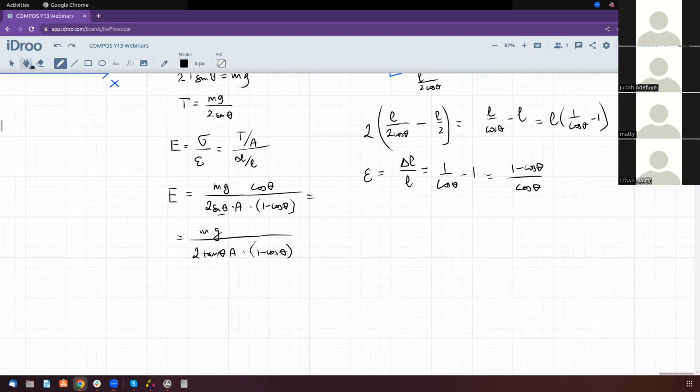the tangent theta is equal to delta y over L over 2. So 2 delta y over L over 2 A. And 1 minus cos theta is L over 2 over the square root of (L over 2 squared plus delta y squared).